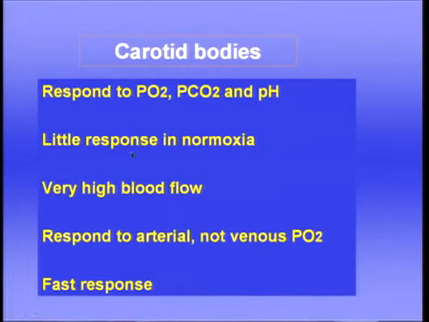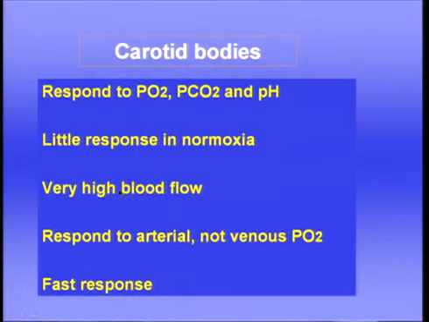I mentioned that the central chemoreceptor does not respond to the pH of the arterial blood, at least under most conditions, but the carotid body does, and that is important. For example, in metabolic acidosis, the increase in ventilation is caused by the action of the carotid body. Little response in normoxia, as I said.